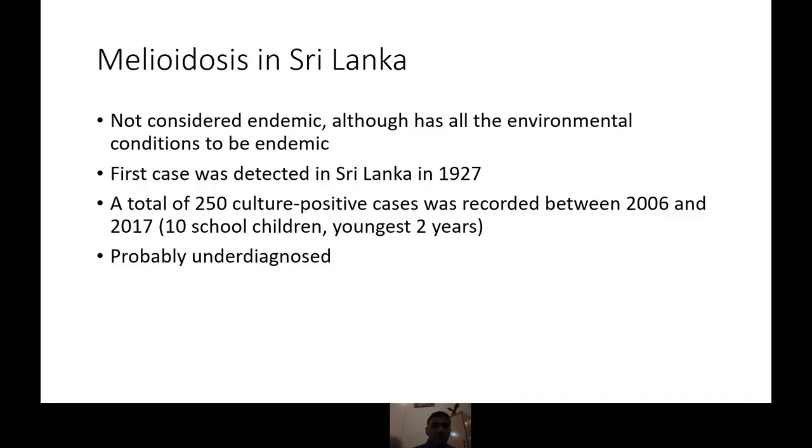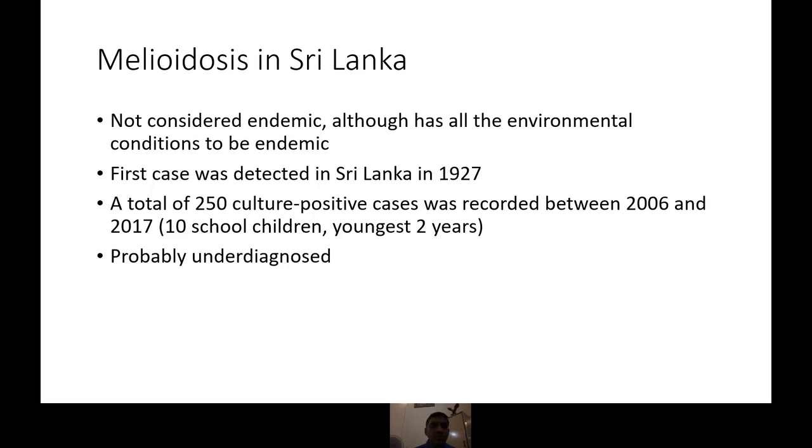So when it comes to the melioidosis situation in Sri Lanka, as I said, the first case was seen very early in 1927. Then there was a long hiatus where the disease was not described, but now it is thought it is becoming endemic because we are seeing more and more patients.